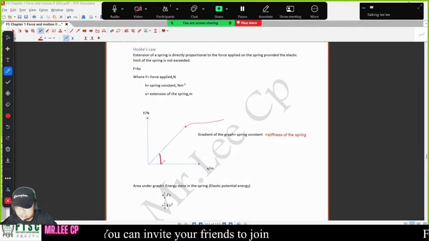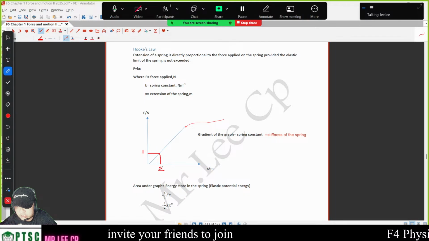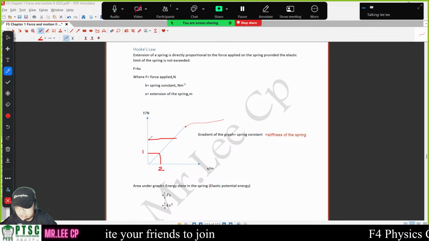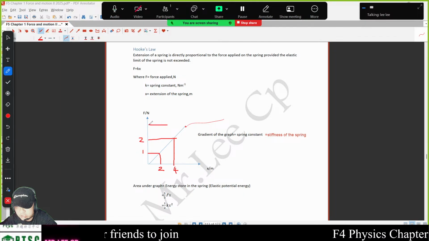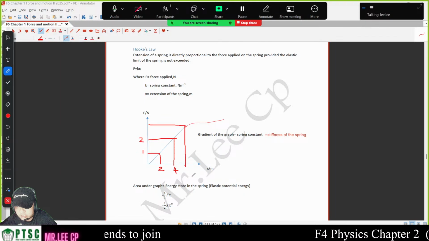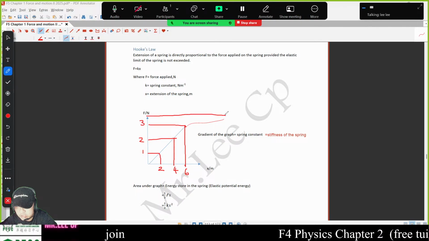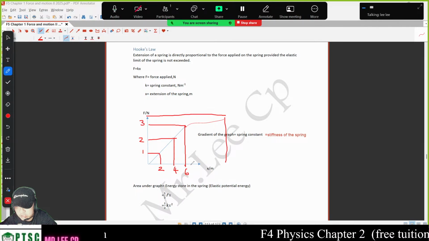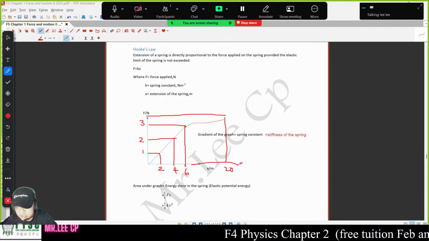What does it mean by not going in a straight line? For example, you hang 1 Newton, it extends 2 cm. You hang 2 Newton, it extends 4 cm. You hang 3 Newton, it extends 6 cm. You hang 4 Newton, then it extends like 20 cm, or it can extend more or less.